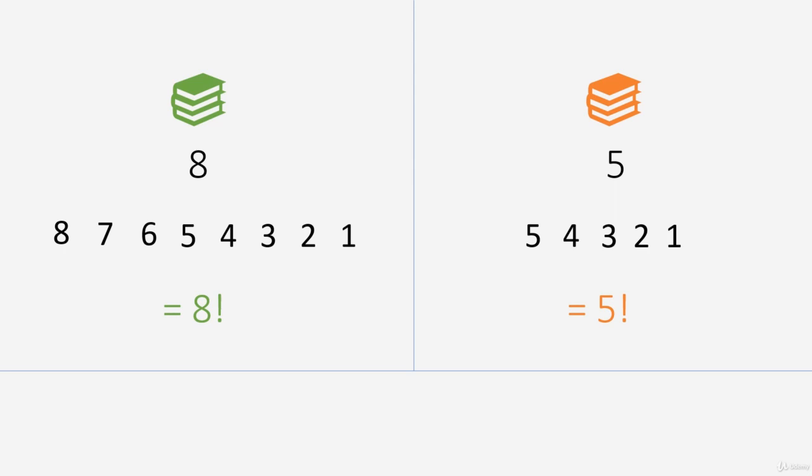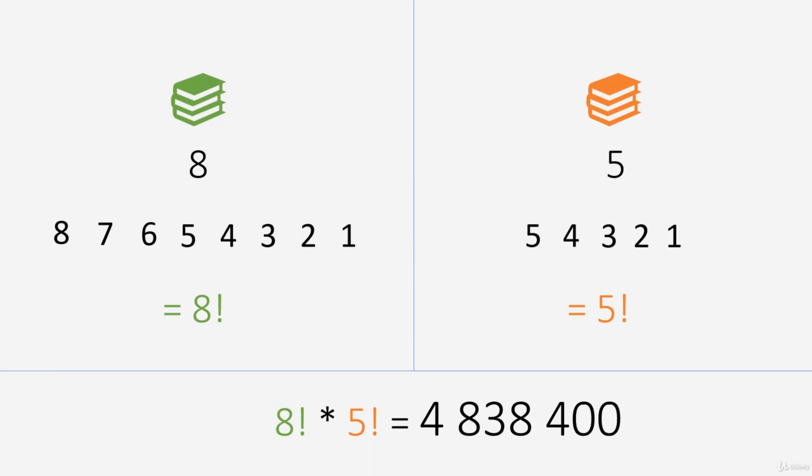So now you should figure out that for every lineup of your computer science books, you have factorial of 5 options how to align your math books. You also know that there is factorial of 8 possible lineups of your computer science books. So the result will be factorial of 8 times factorial of 5.